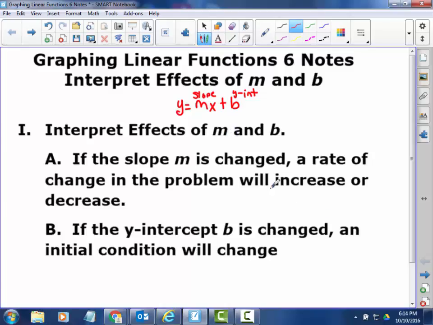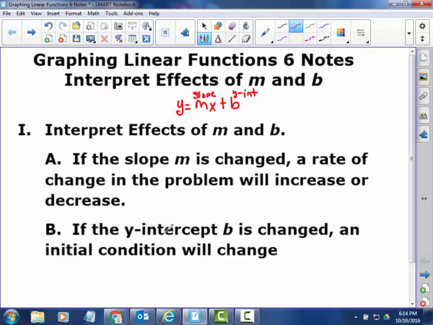graphs. It says here, if the slope M is changed, a rate of change in the problem will increase or decrease. Okay? So what we will see is either we'll get a graph of two lines, and we'll notice that one is steeper or less steep, positive, negative, and we can look in the problem situation for something that caused an increase or decrease.